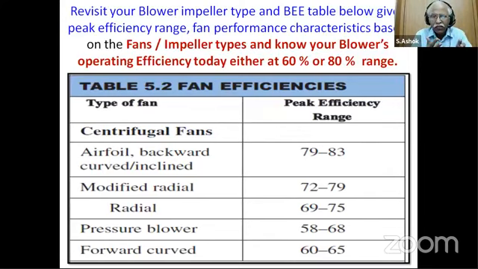It can be curved or inclined, or modified radial, or radial, or a forward curve pressure blower. So ultimately an efficiency of almost 83% is possible, but our present running efficiency is around 60% only. This is where we want to pitch in, on what is possible in the existing AHU to be improved upon.